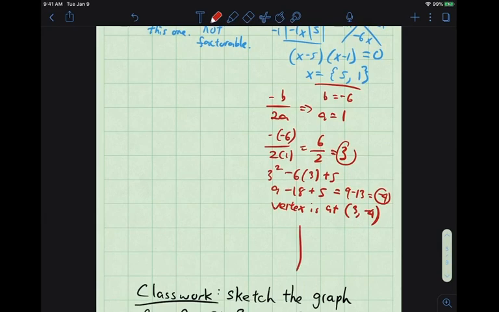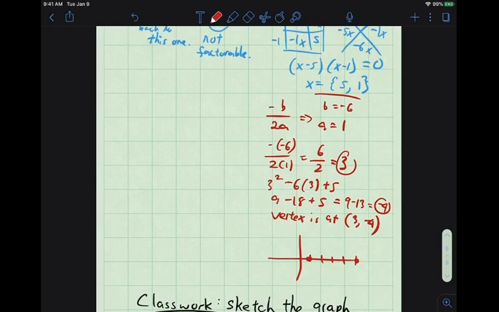So now we know that our intercepts are at 1 and 5, here, here, and 3, -4, okay, there. Now we can draw our parabola like that. Three points make a parabola.